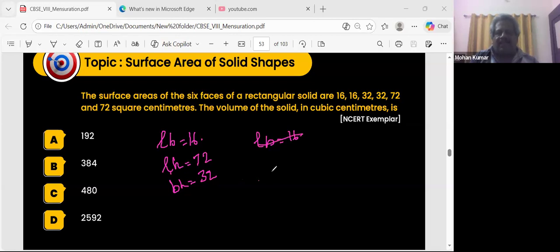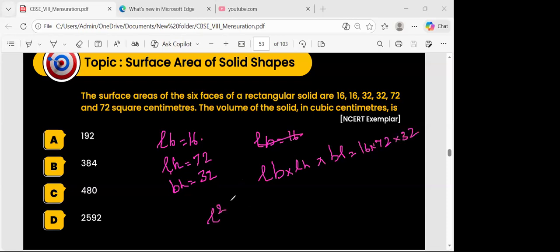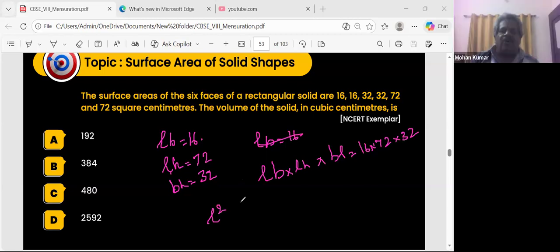We'll multiply them and we'll get LB into LH into BH is equal to 16 into 72 into 32, which is 36,864. So L square, B square, H square equals 16 into 9 into 8 into 8 into 4.